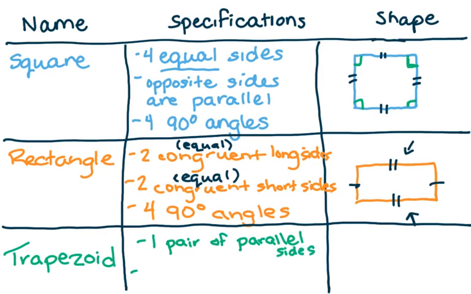And then it has one pair of non-parallel sides. Remember, parallel lines are two lines that look like this. That's parallel lines. They never cross, they never intersect, they just keep going on and on.